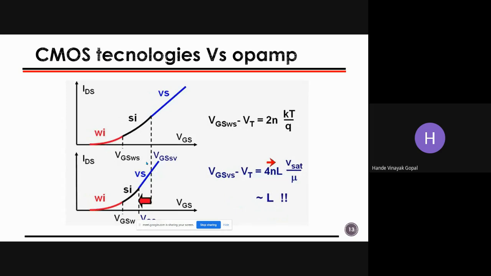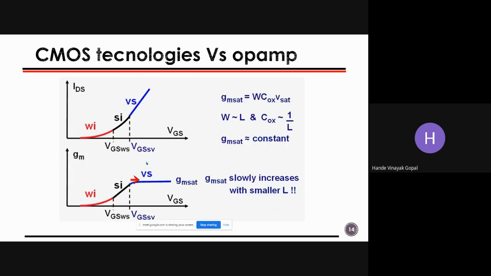And this is getting more and more severe because as the technology node reduces, your strong inversion area is getting reduced further and further, so if you take the derivative of ID with respect to VGS, your gm will reduce further.